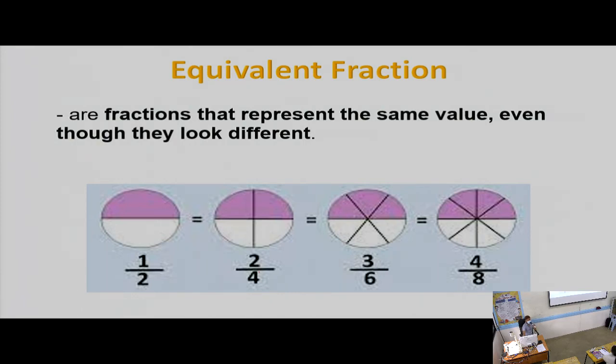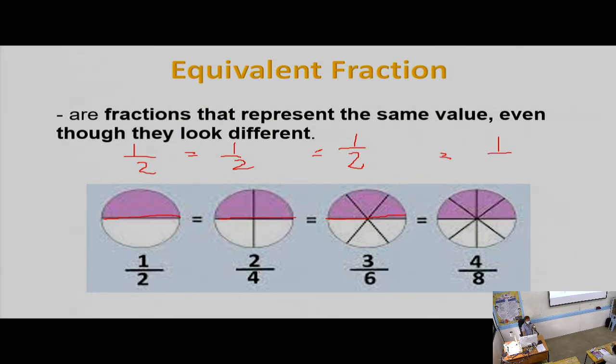As you can see, this one is just divided into half, this one divided into 4 parts, but the shaded parts are the same.